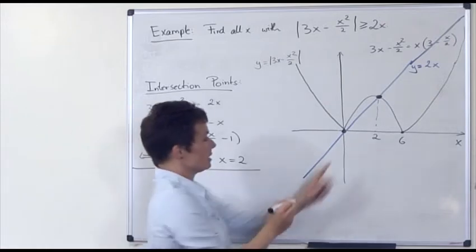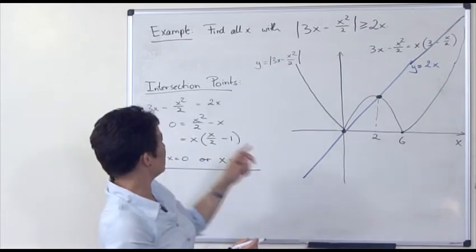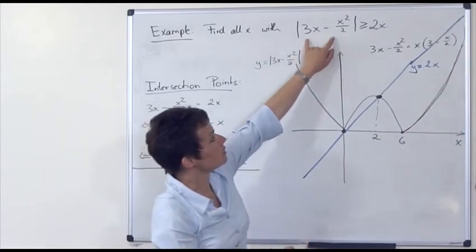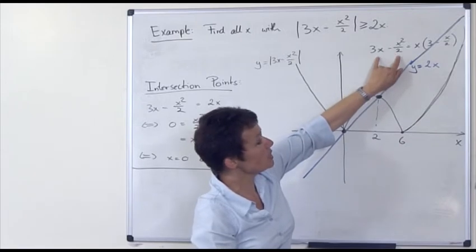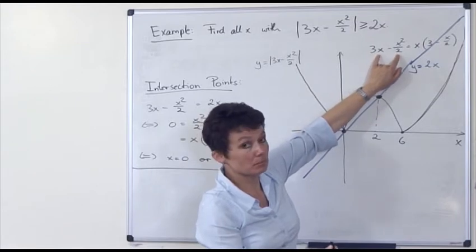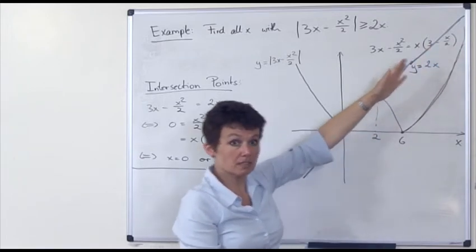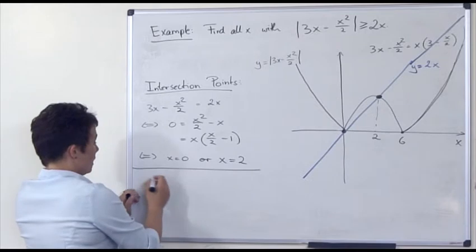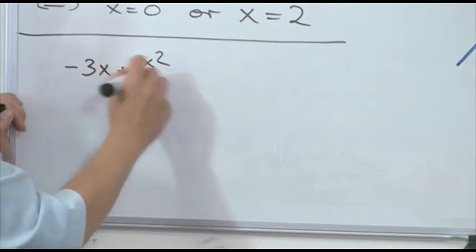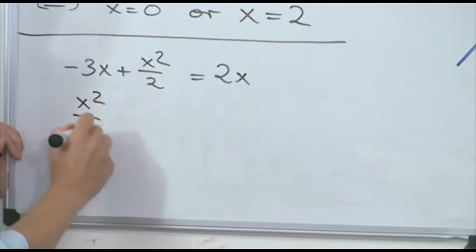So that's this bit. Now we said possibly there's another intersection point over there. So how do we find that one? Well, for this part of the black graph, the modulus symbol was actually relevant. This part of the graph doesn't come from this expression, but from its negative. So we need to put a minus sign in front of this expression and set it equal to 2x. That will give us this intersection point if it exists. So we'll take minus 3x plus x squared over 2 and set it equal to 2x. Again, I'll put everything on the left-hand side.